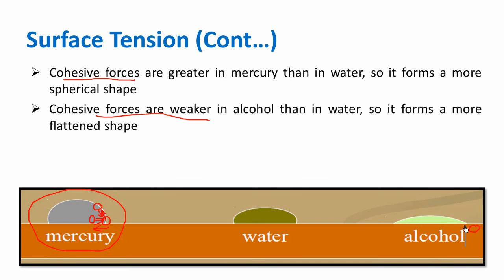Because of these adhesive forces, the molecule here is attracted by the surface, and this molecule is attracted by the surface. Because of that, it is going to flatten. But here it is in the middle of mercury and alcohol. So this is how we understand the cohesive and adhesive forces.